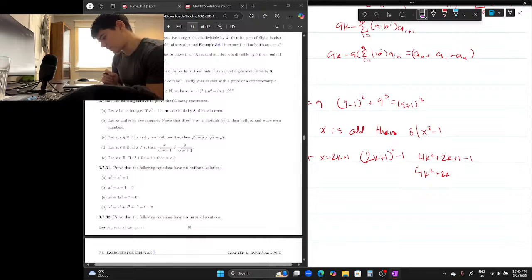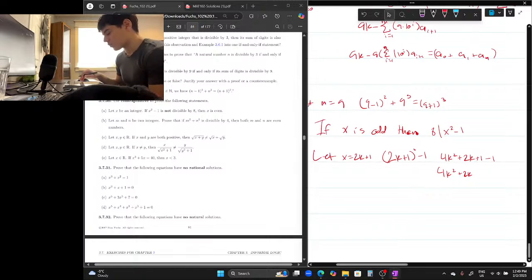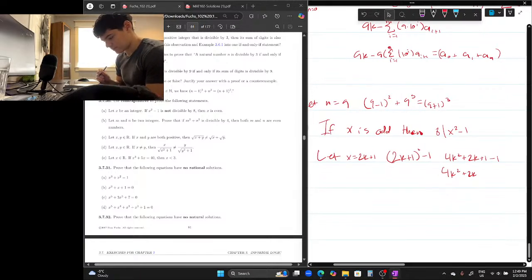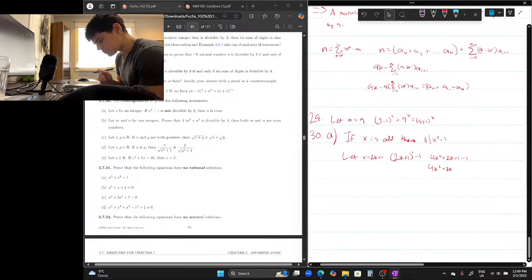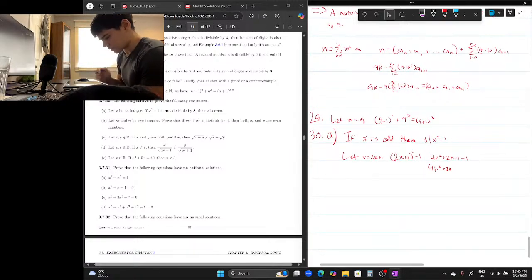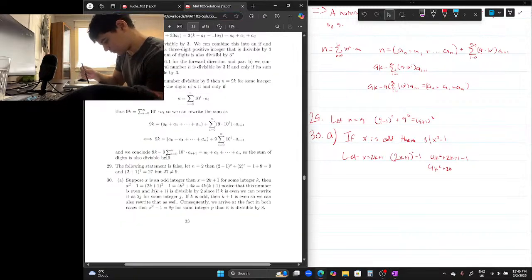x is odd. Interesting. That's not true. So my contrapositive has to be wrong. What's the contrapositive of this? Then x equals 2k plus 1 for some integer.